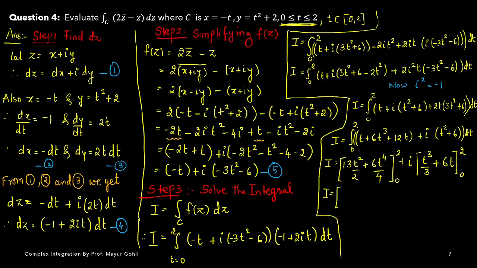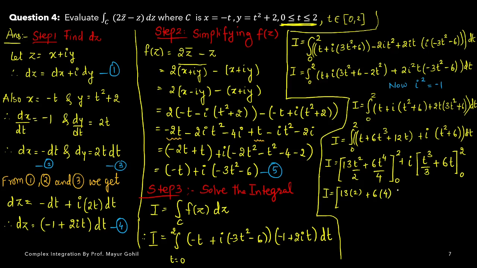Let us see. Now when you put the upper limits, you will get 13 into 2, because it is 4, right? And 4 divided by 2 is 2. So I'll write 13 into 2. And here you will get 6, 2 raised to 4. 2 raised to 4 is going to be 16 and divided by 4, so it is obviously going to give you 4 there.